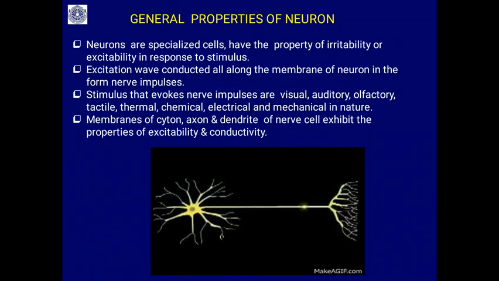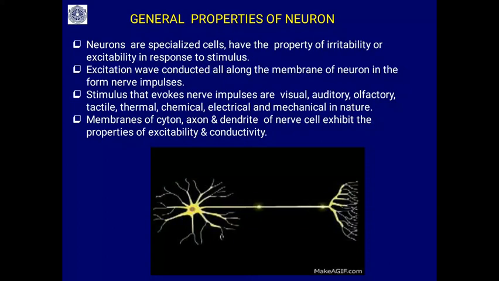So what are the general properties of neurons? Neurons are specialized; they have the property of irritability or excitability. They respond to a stimulus, and this is called excitability. This excitation wave does not remain in one place; it is communicated or conducted all along the membrane and also through the axon to the next neuron.